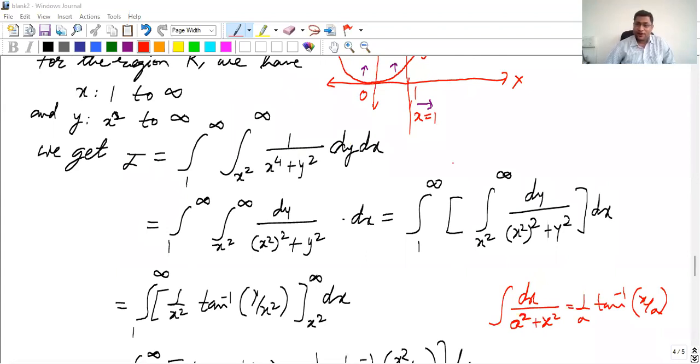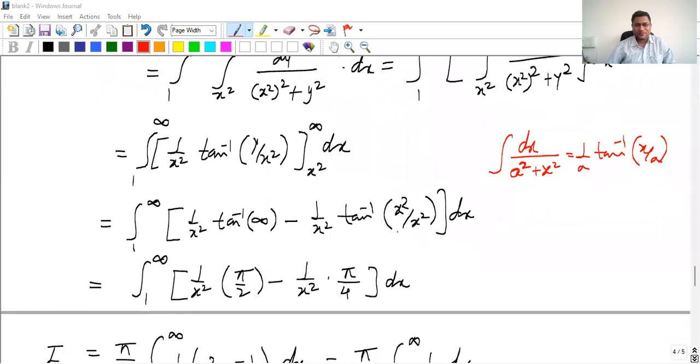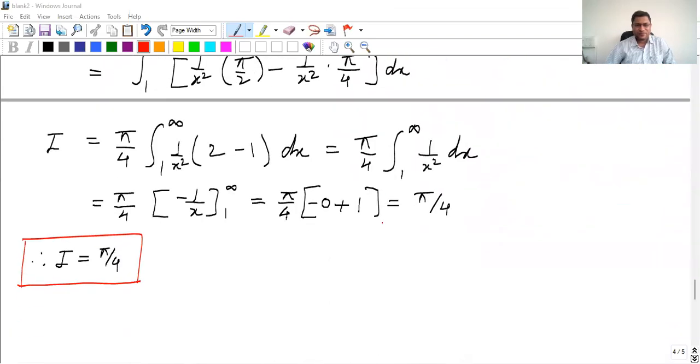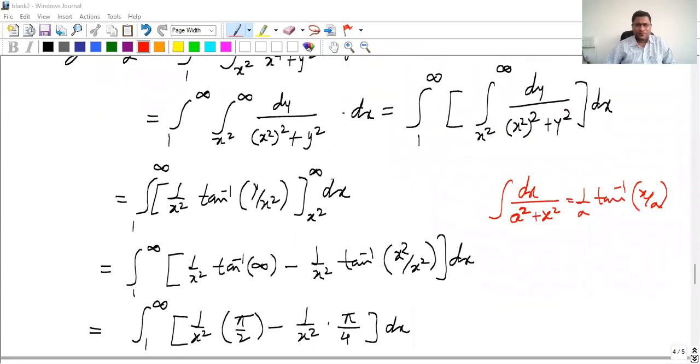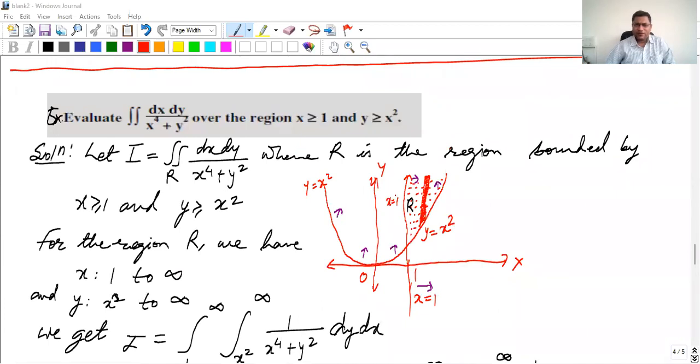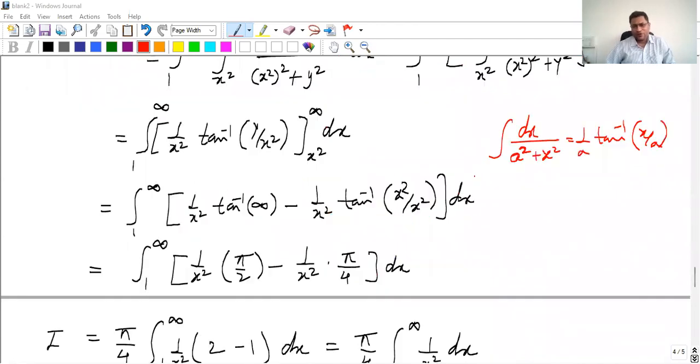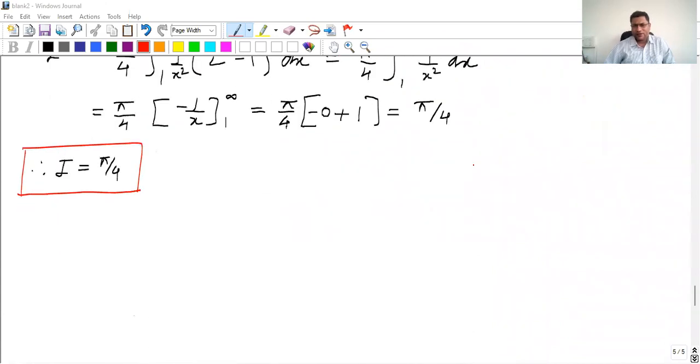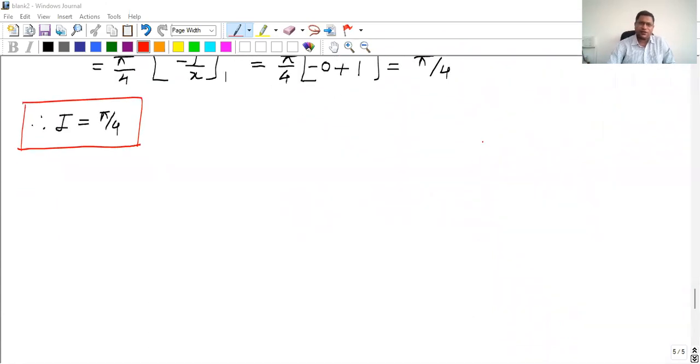So is there any doubt in this example? Sir, in this example, if we consider the horizontal strip, then what will be the limits? Yes, very good. So here, if we consider the horizontal strip, I'll draw the region once again.